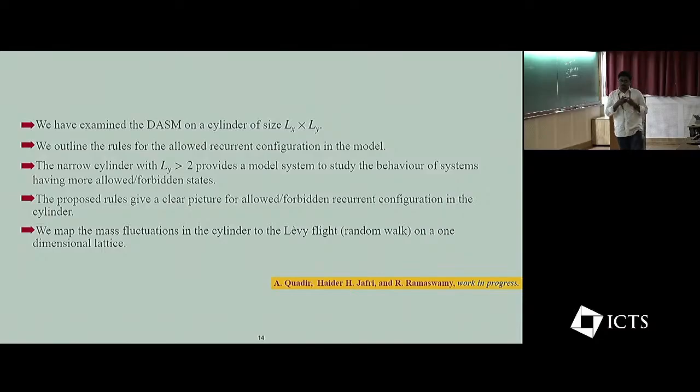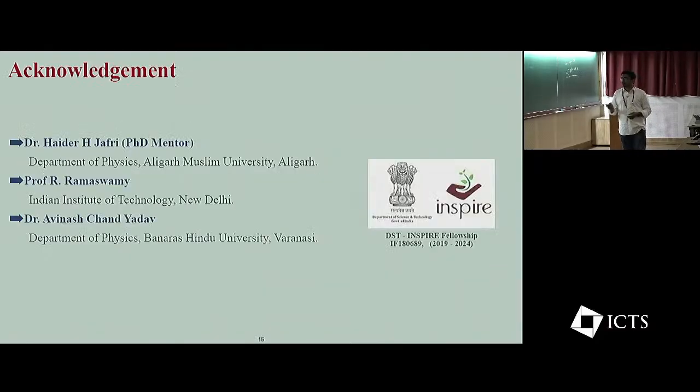But as we increase the circumference of the cylinder, we get more complex behavior and more allowed states. The proposed rules give a clear picture of the allowed and forbidden recurrent configurations, and we are trying to map the mass fluctuations at a steady state on the cylinder to a Lévy flight or a one-dimensional lattice. This is ongoing work, and I would like to acknowledge my supervisor.